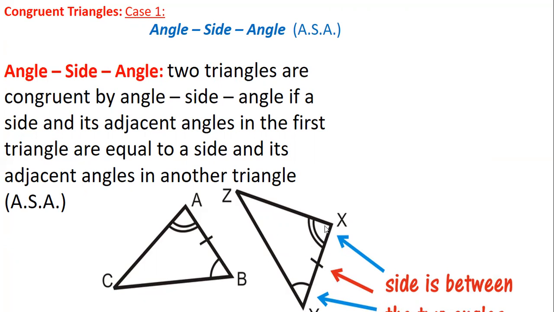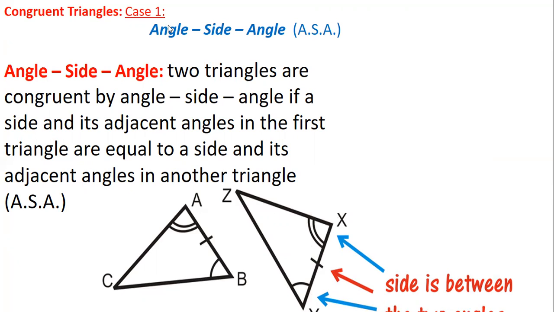What do these marks mean for me? If I look at side AB, I can see one mark. If I look at side XY, I can see the same mark. So directly I will say side AB is equal to side XY. So I found the side.